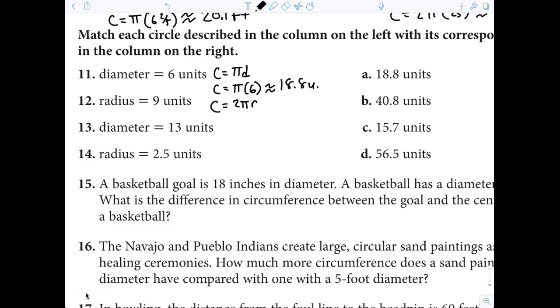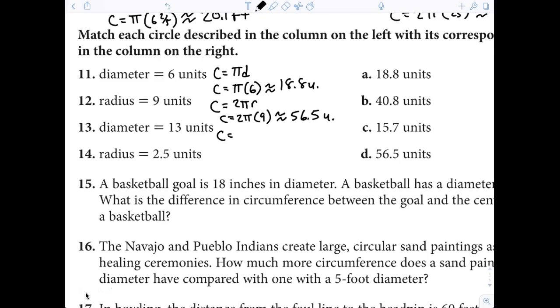Two pi r, and then you were right. And then tell me what that is. Is everybody agreeing with 56.5? U for units.